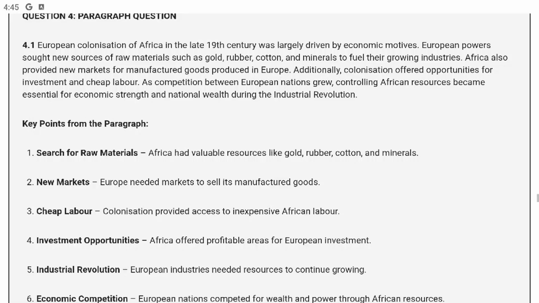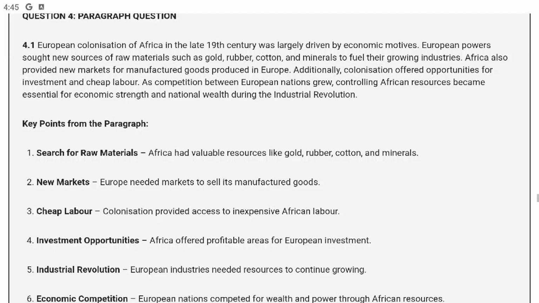So another point is supposed to include something about investment opportunities because, talking about mining, right? If they invest in mining here, then that means they'll be able to extract the very raw materials, right?